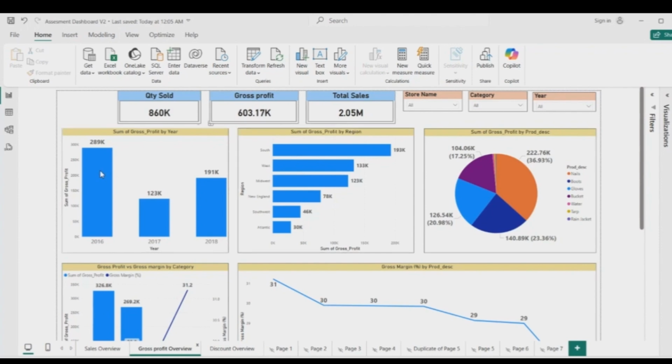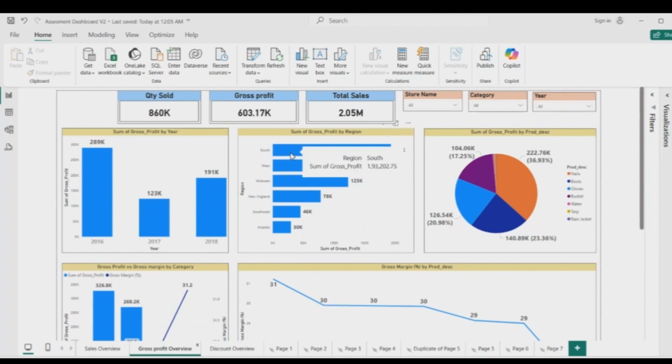If you see the gross profit by year, 2016 generated the maximum gross profit because the sales for 2016 were the highest compared to the other 2 years. In 2016, the total gross profit generated was around $288,000. Then in 2017 we have seen a decrease because there was a decrease in sales as well.